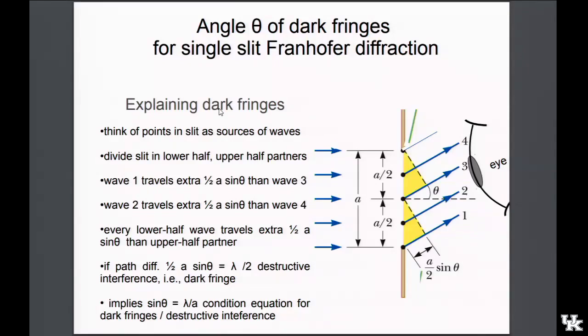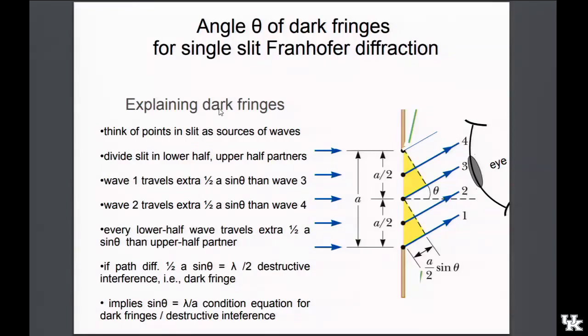So the first thing we're going to do in understanding the diffraction pattern, you see that gap in the obstacle, that slit in the obstacle. We're going to imagine in that gap a series of points. I've marked some of them in black here. There will be many of them, but I've just marked a few.